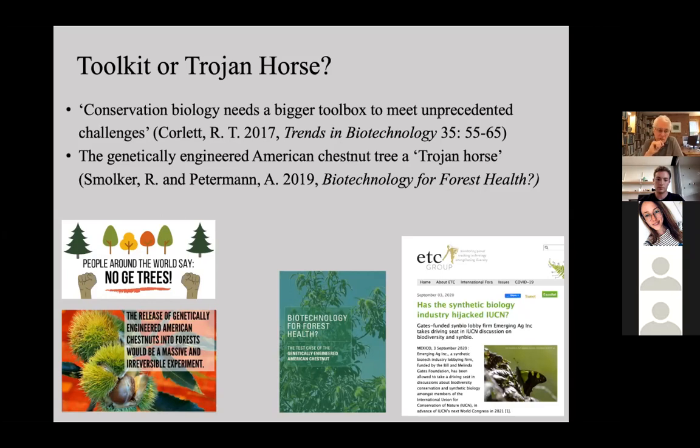So it's already pretty hard to get either the biodiversity conservationists themselves or the wider environmental movement to look at these issues in a rounded way. And there's quite a bit of controversy already around it.